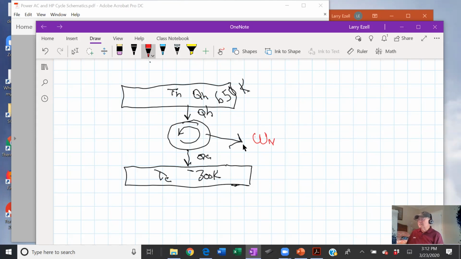And if we look at this total cycle here, we know that the sum of the Q's has to equal the sum of the work. So we know algebraically now QH plus QL has got to equal work net.